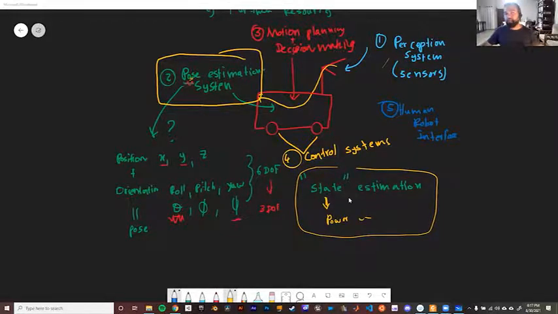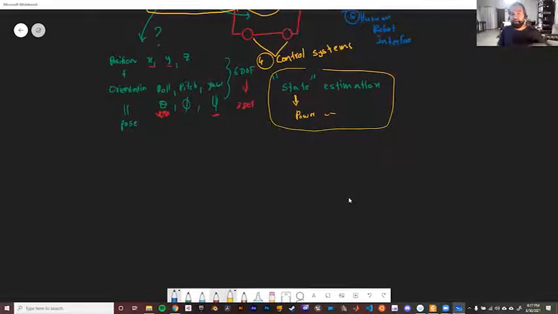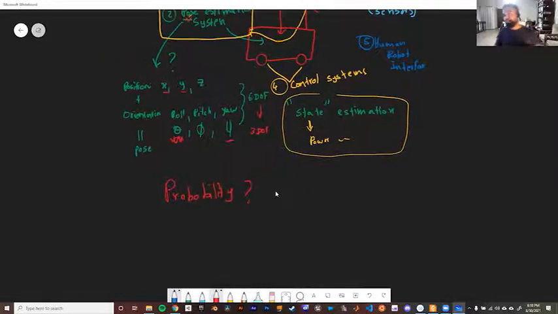why did I call this probabilistic? Why am I going to talk about probability? I already said that I'll be talking about probability in today's talk. Why probability? Anyone has any guesses? Why do we need estimators and ways to deal with probability? Anybody?